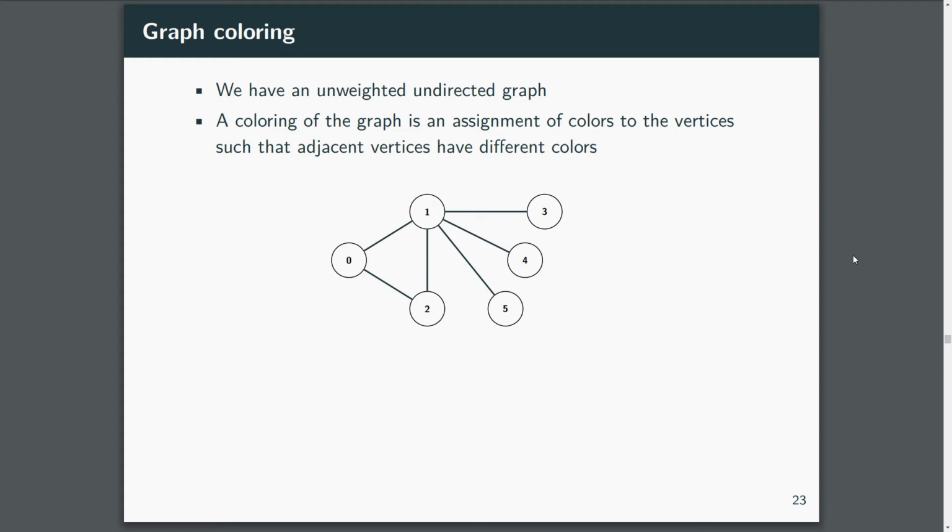Another problem is graph coloring. So again, we have an unweighted, undirected graph, and a coloring is just an assignment of colors or groups to the vertices, such that adjacent vertices have different colors. So we could, for example, do it like this. Everything has a different color.